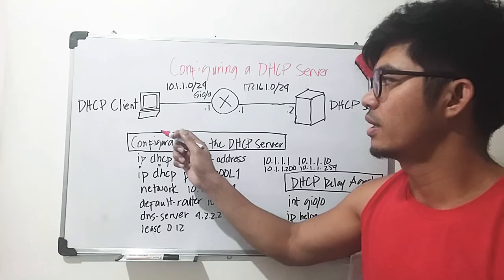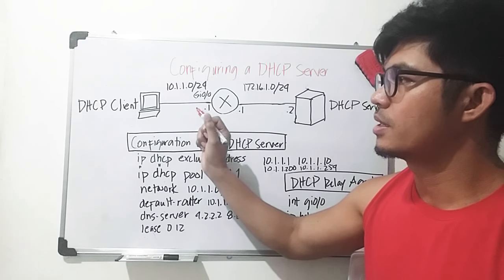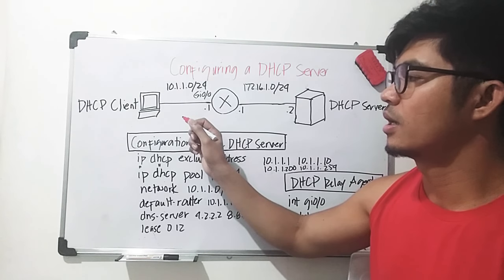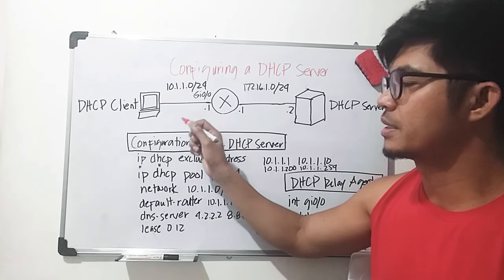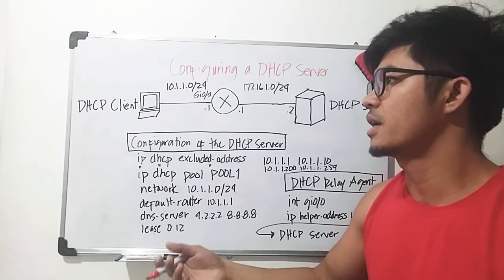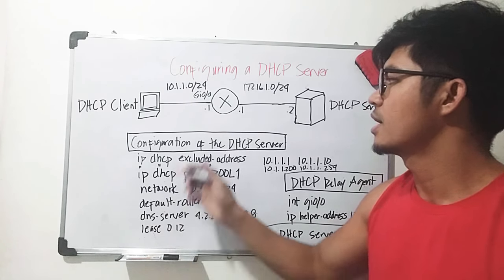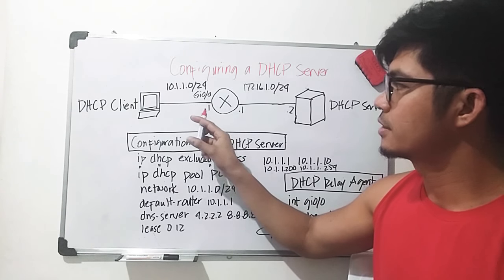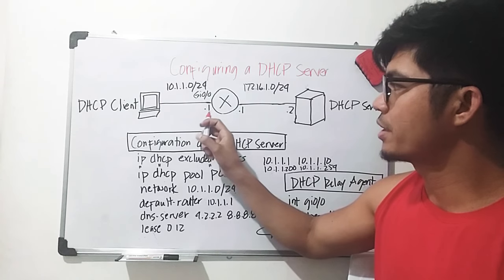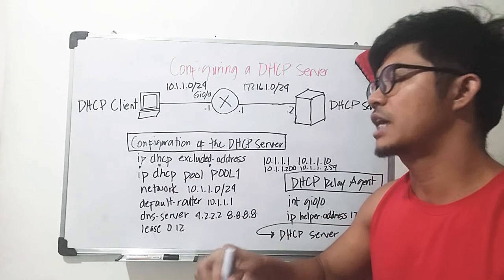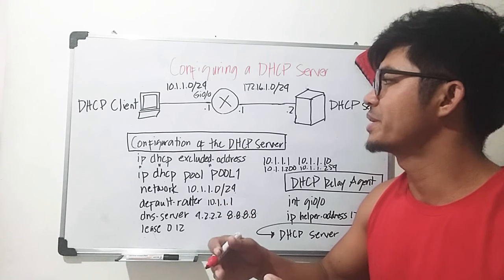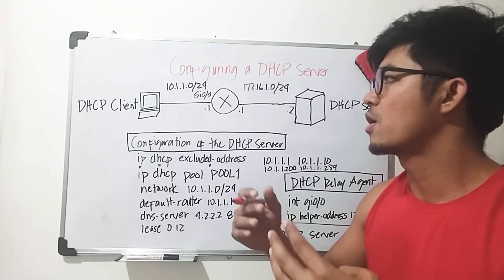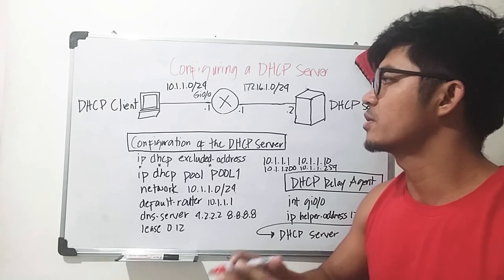So the client will send the discover message, basically a broadcast message, and this router can't send that broadcast message, or actually the broadcast message is not gonna go through a subnet or a VLAN.